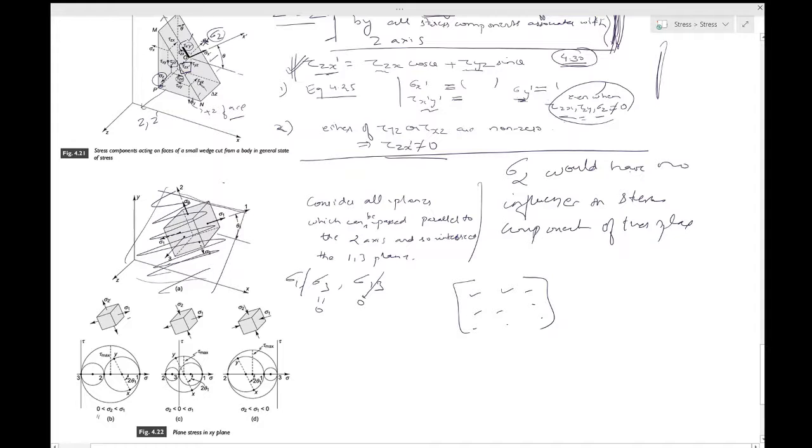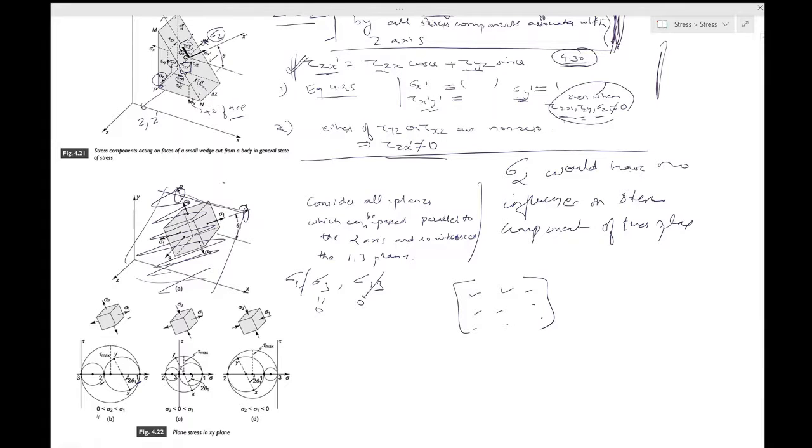So the stresses on this particular plane will have two values, sigma 1 and sigma 2. There is nothing new in this particular case.